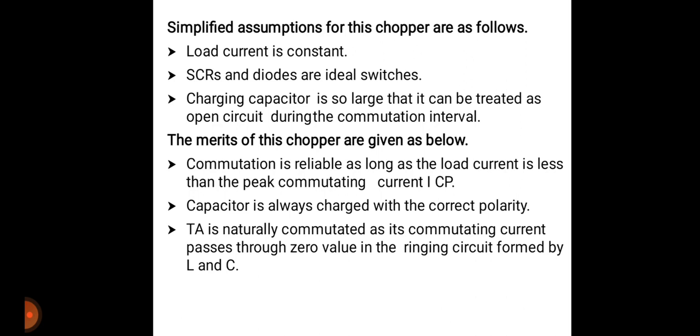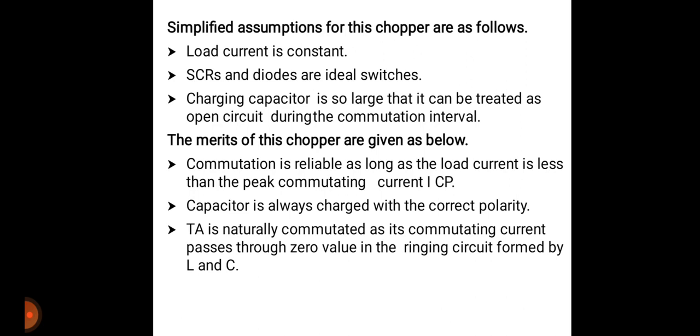Now, the assumptions of this chopper are that load current is constant, SCRs and diodes are ideal, and the charging resistor is so large that it can be treated as open circuit, as we discussed earlier.